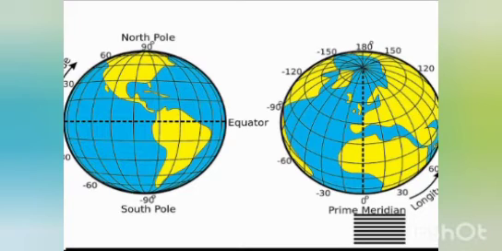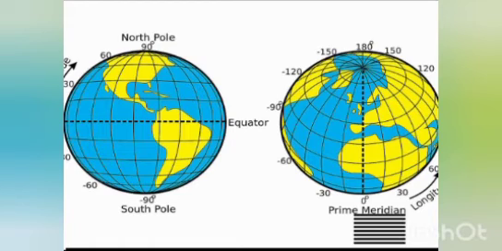And longitude is the angular distance east or west of the prime meridian, an imaginary line running from north to south through Greenwich, England.